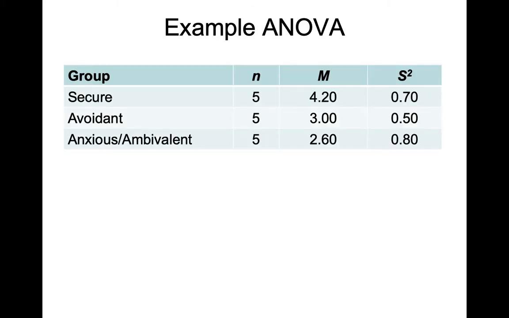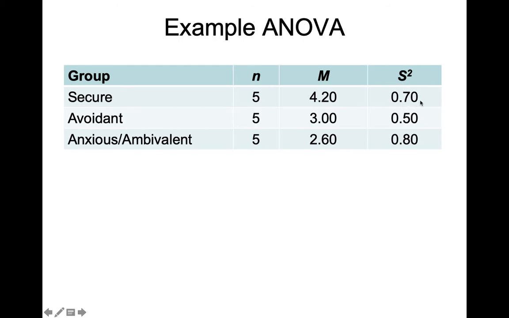And here's fictitious data which is loosely based on that original study. We've got 5 people in each of the groups. We've got the mean trust reported, and then we've got the estimate of population variance figured from each one of these samples. Okay, so where did this calculation come from?